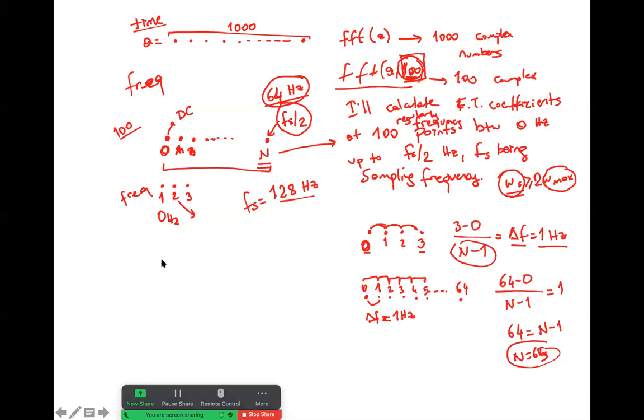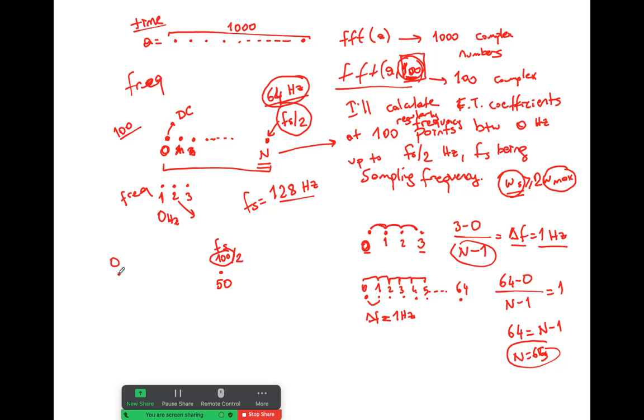So I have 0 and finally 100, right? 100 divided by 2. My sampling frequency is 100. Sampling frequency divided by 2 is 50.